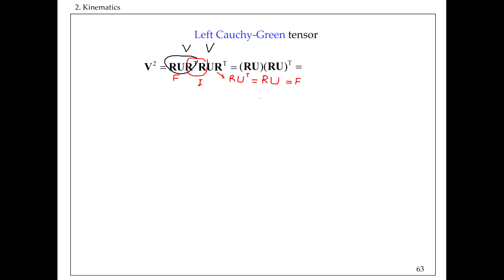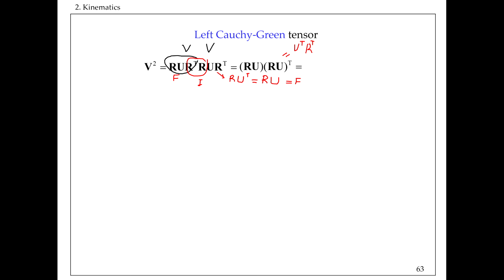So we don't touch this RU, it is still the same, but we are saying that this UR is nothing but RU transposed. We can actually prove that very easily, because RU transposed, as we have just seen, is equal to U transpose multiplied by R transpose, right?